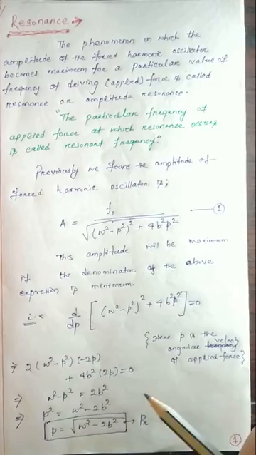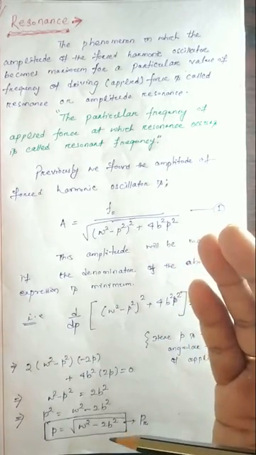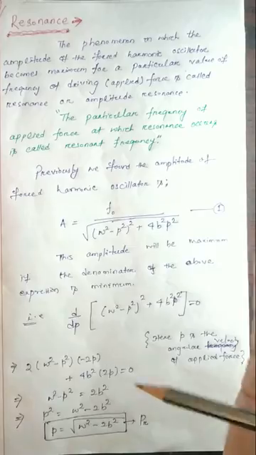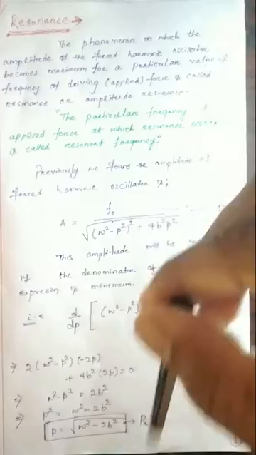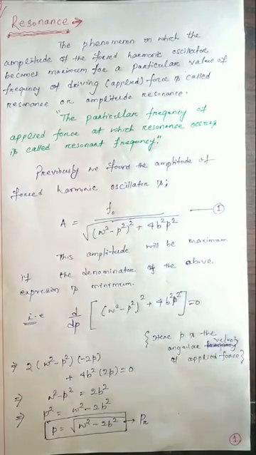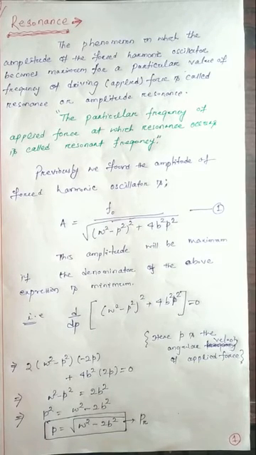At the particular frequency of applied force, the oscillation will travel the maximum displacement. This is called the resonance condition. The frequency with which the oscillation will have maximum amplitude is called the resonant frequency. I am going to give you a small example.